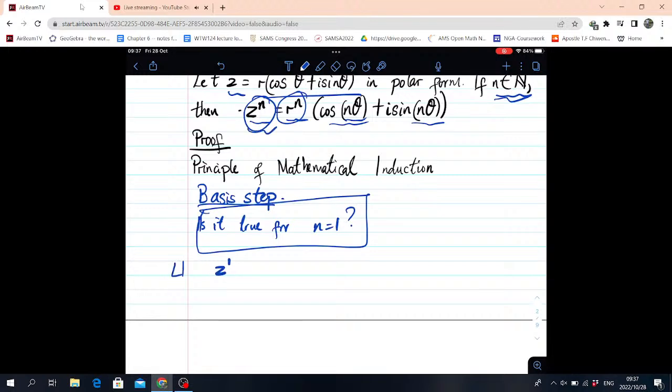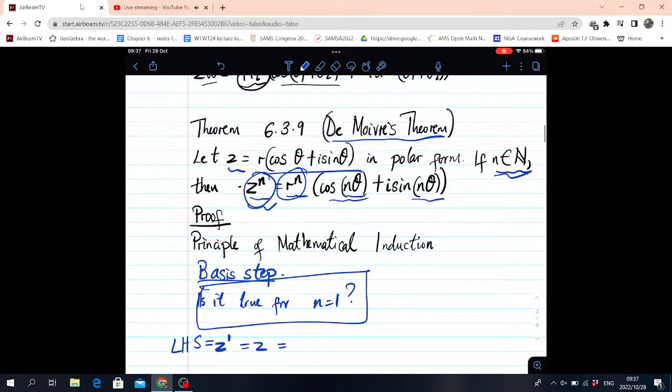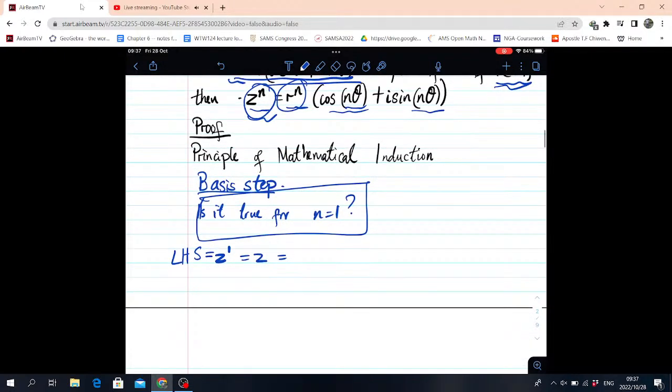So the left-hand side is going to be equal to z to the 1, which is equal to z, which by definition of our complex number is just r cos theta plus i sine theta, right? That's the first thing.